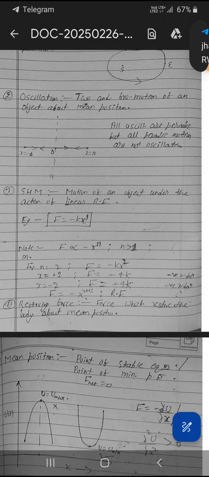That means all oscillatory motions are periodic, but all periodic motions are not oscillatory motion.